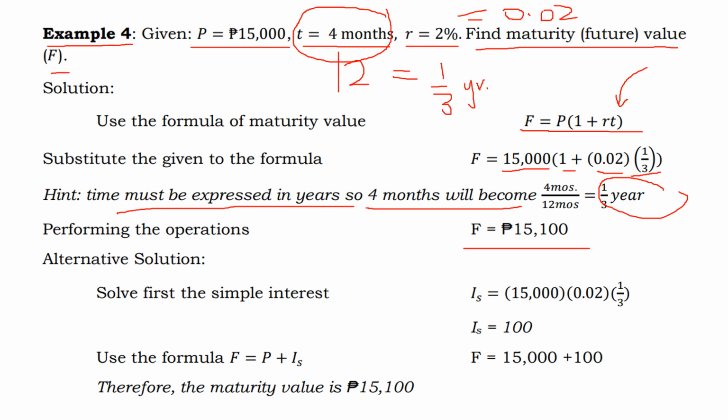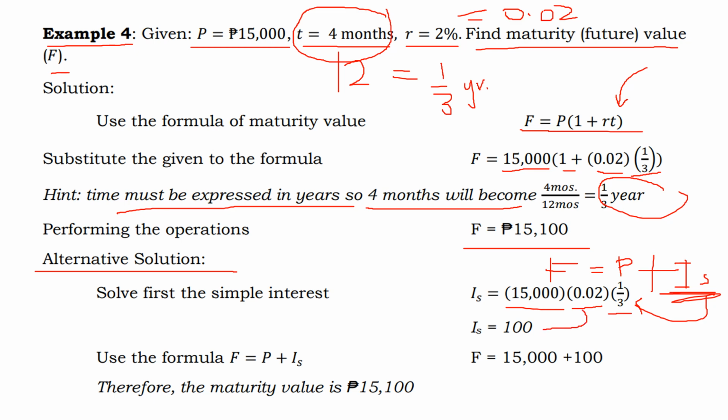Again, that will be your 15,100 pesos. And for the alternative solution, we apply the formula that your F is equal to P plus your I sub S or simple interest. First thing to do is to look for the value of this I sub S. That's why we compute for the value of I sub S equal to 15,000 multiplied by 0.02 multiplied by 1/3.